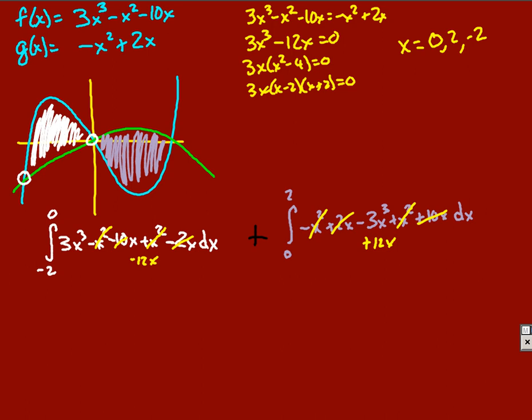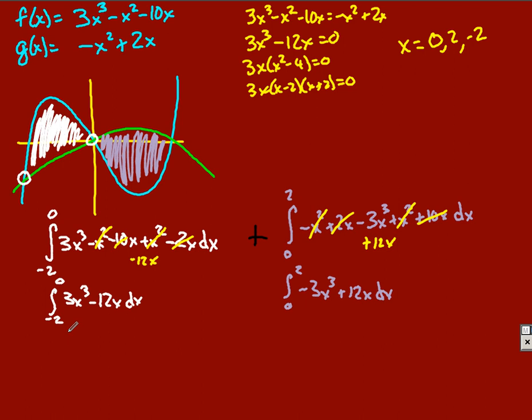So that means now I have the integral from negative 2 to 0 of 3x cubed minus 12x dx. And then over here, I have still the integral from 0 to 2 of a negative 3x cubed plus 12x dx.